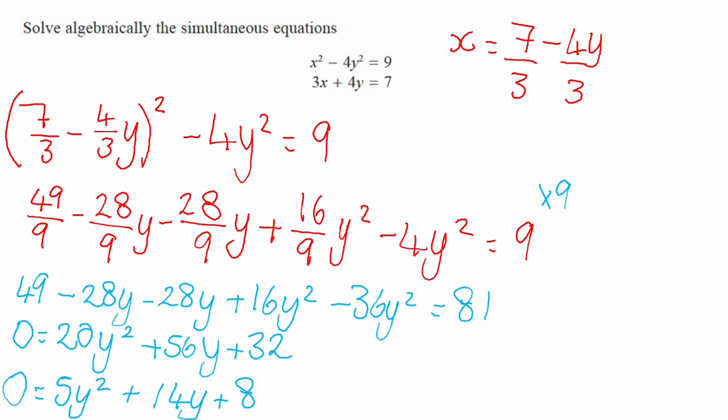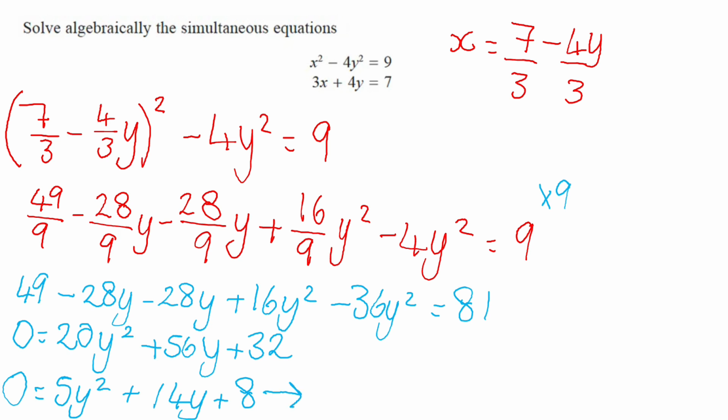Now, I'm not going to go through every single step with the factorising. Hopefully you are confident with factorising when the coefficient is greater than 1. If not, then I would suggest that you look at another video where it does speak about the factorising.